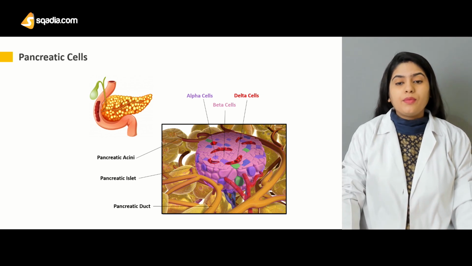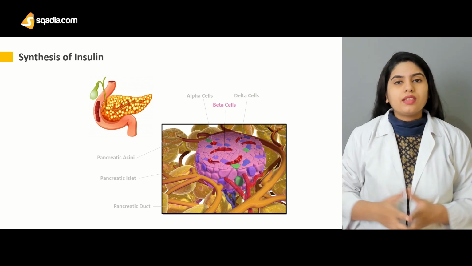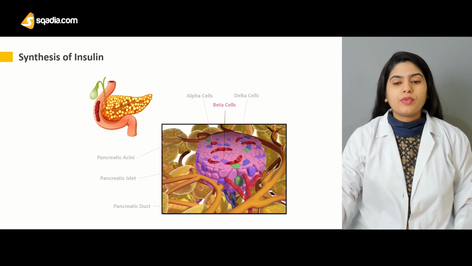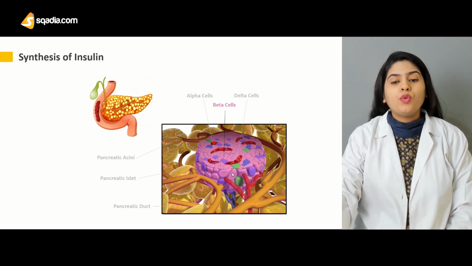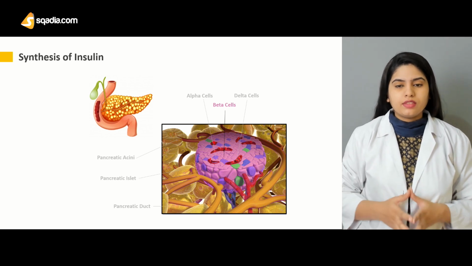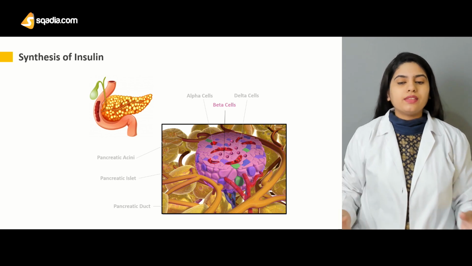Now, we are here concerned with the beta cells because beta cells are responsible for the secretion of insulin. And you can also appreciate that beta cells are more in number as compared to the alpha cells and the delta cells. So inside the beta cells, the insulin is synthesized.